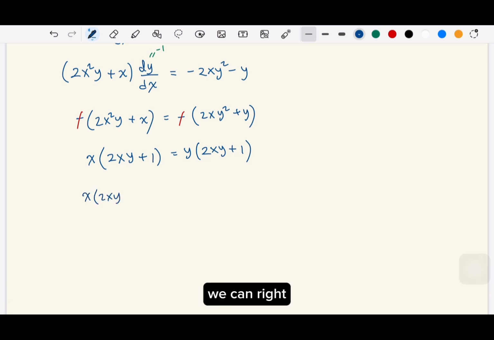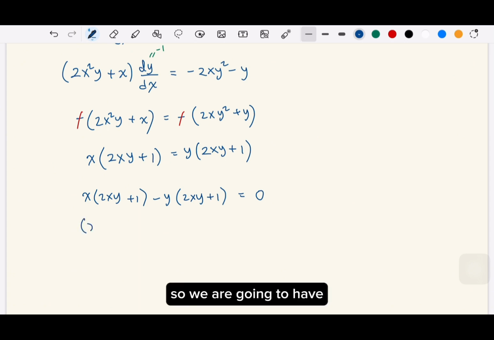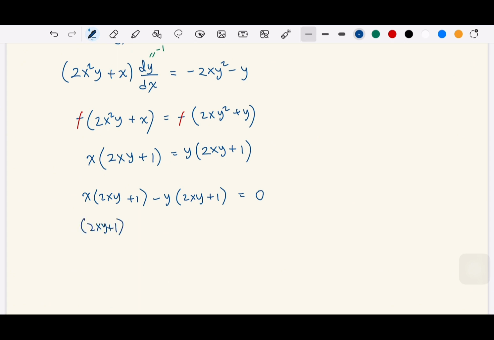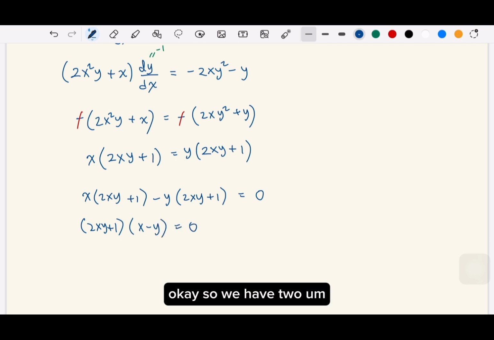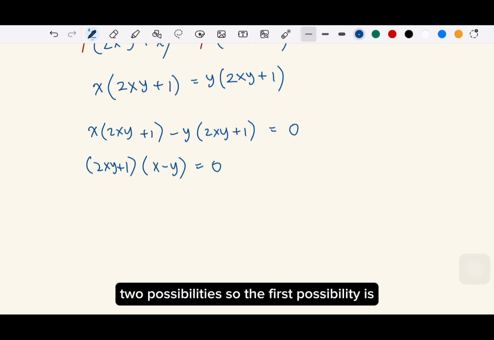So we are going to have two possibilities.